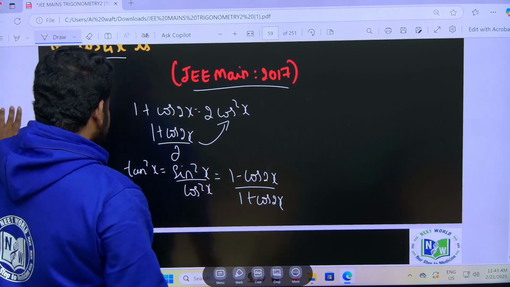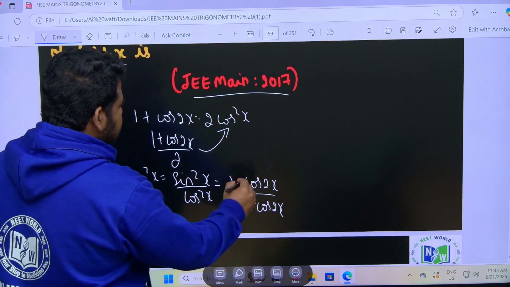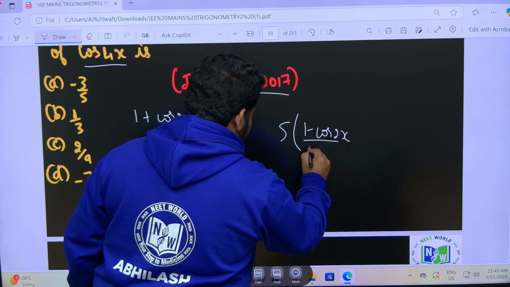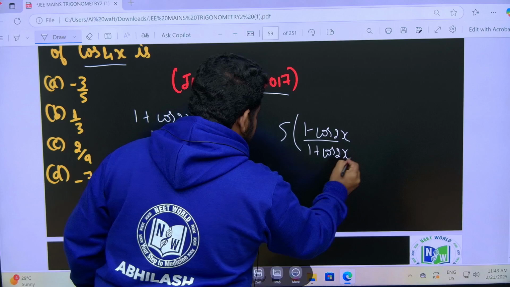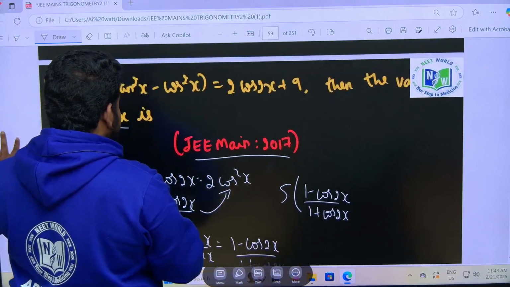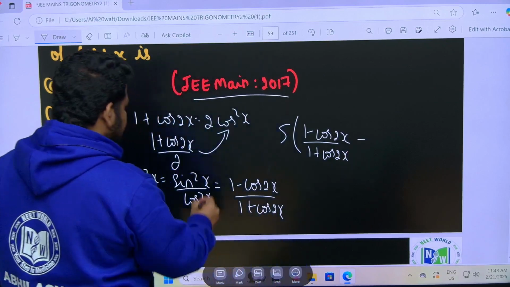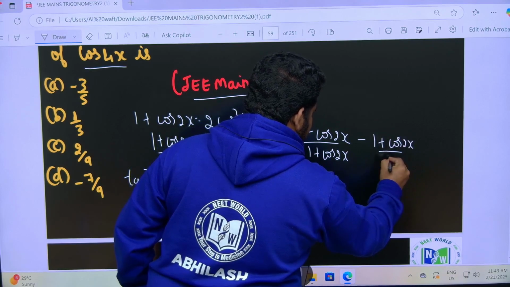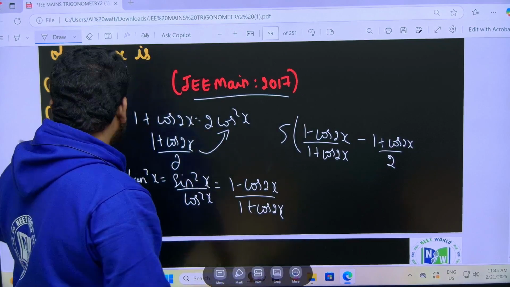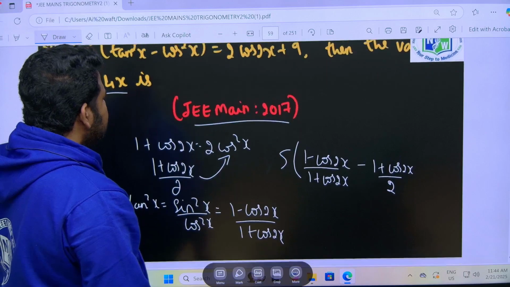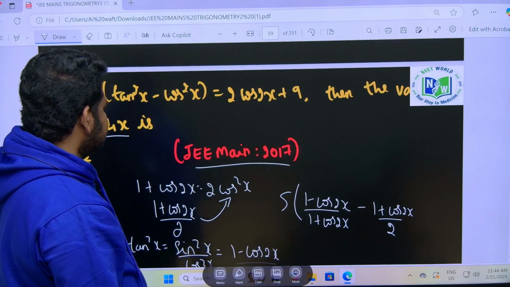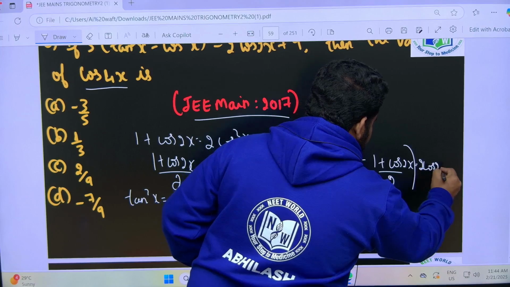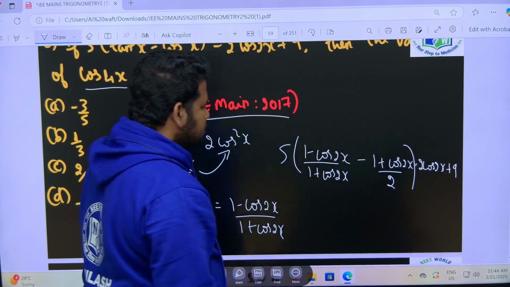So if I substitute the value here, I'll get 5 into 1 minus cos 2x by 1 plus cos 2x, minus cos square x, which is minus 1 plus cos 2x by 2, is equal to 2 cos 2x plus 9.